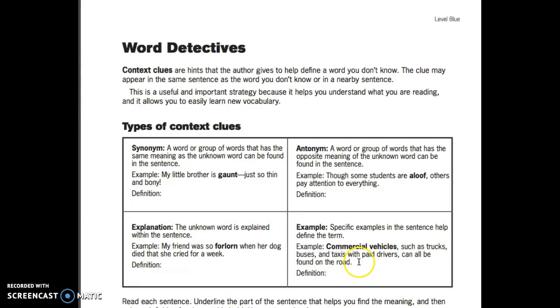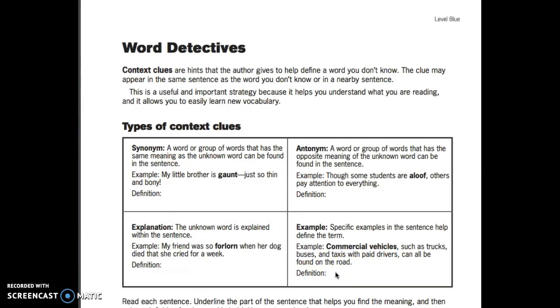Let me go back to my text. I don't know what a commercial vehicle is, but it gives me an example. Such as trucks, buses, and taxis with paid drivers. So a commercial vehicle could be a truck, a bus, or a taxi, or some type of vehicle that has a paid driver and is used on the road.